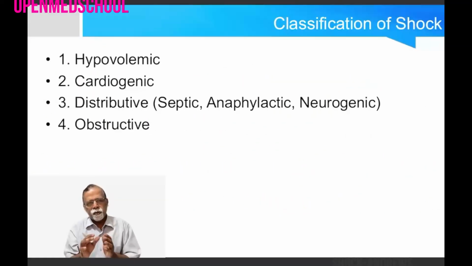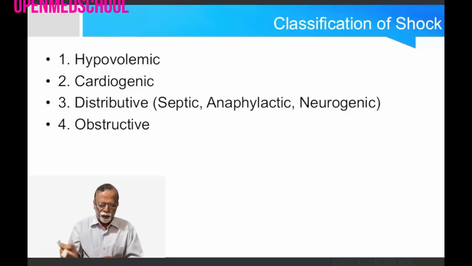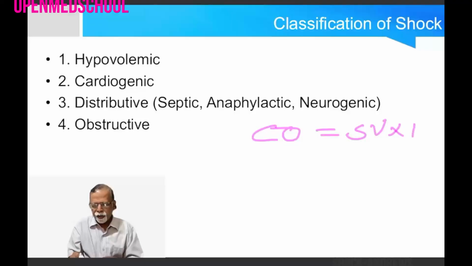Now we go on to the types of shock. We know that tissue perfusion depends upon the cardiac output, and cardiac output is stroke volume into heart rate. The cardiac output also depends upon the blood volume.